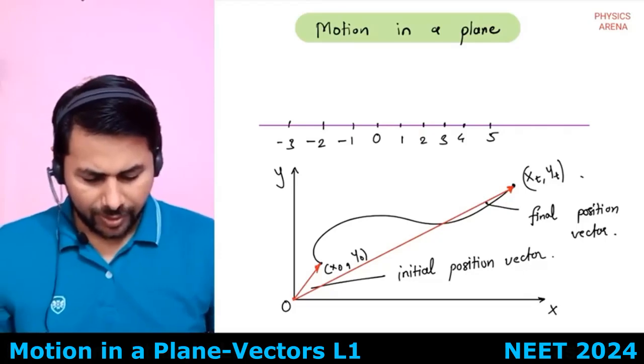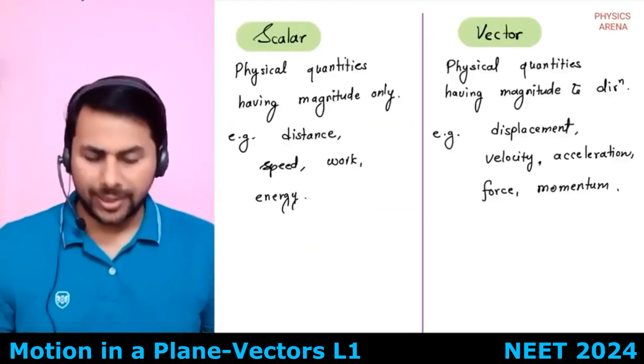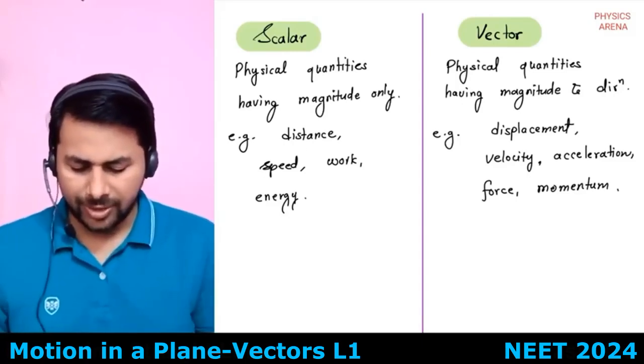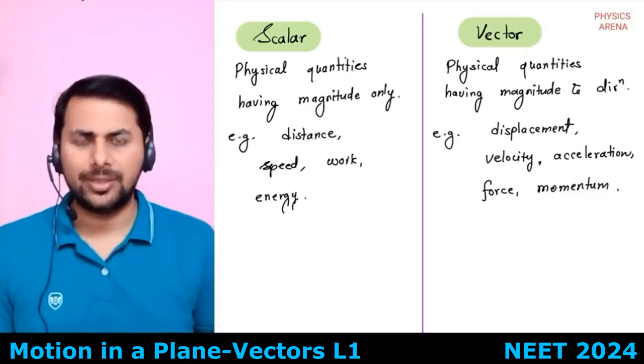Then there are other quantities which have magnitude but no direction. So there are some quantities which have magnitude only, and some which have magnitude as well as direction.